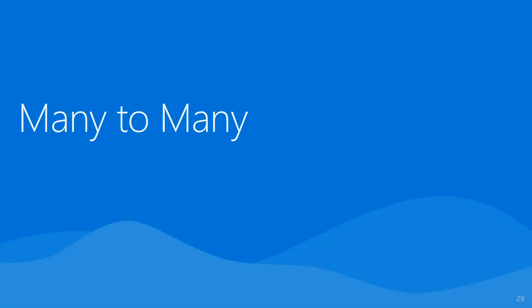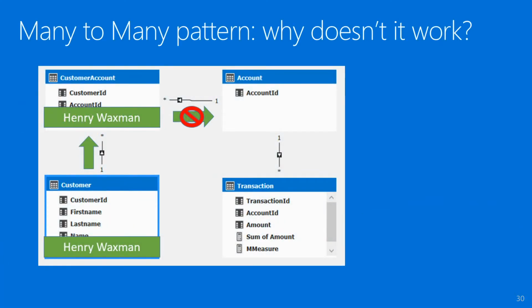Okay, many-to-many. Another favorite topic, or pain for a lot of people. There are two kinds of many-to-many problems that we hear about. The first has to do with the relationships.